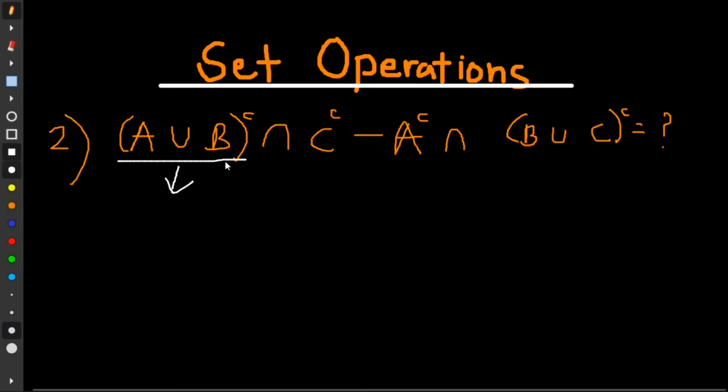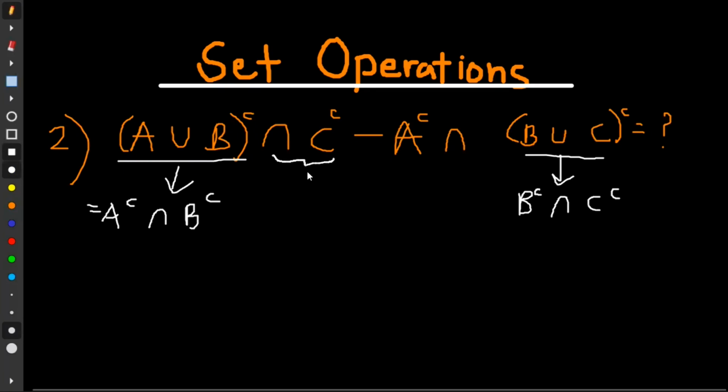What is A union B complement? By De Morgan's law, this is equal to A complement intersection B complement. And what is B union C complement? This is simply B complement intersection C complement. So what we did here is we applied De Morgan's law. Now we bring this down as well as this one.